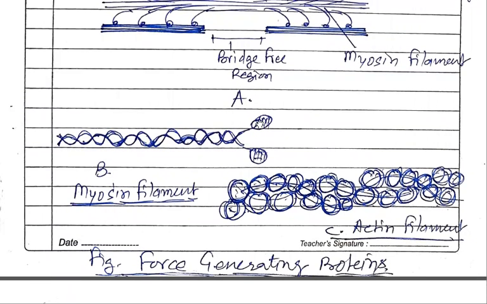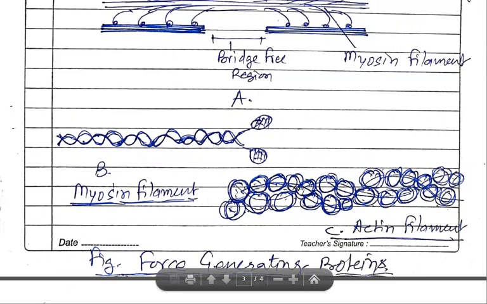It has a head part, two head parts, and the tail part. One is attached to actin and one is attached to ATP to generate energy.